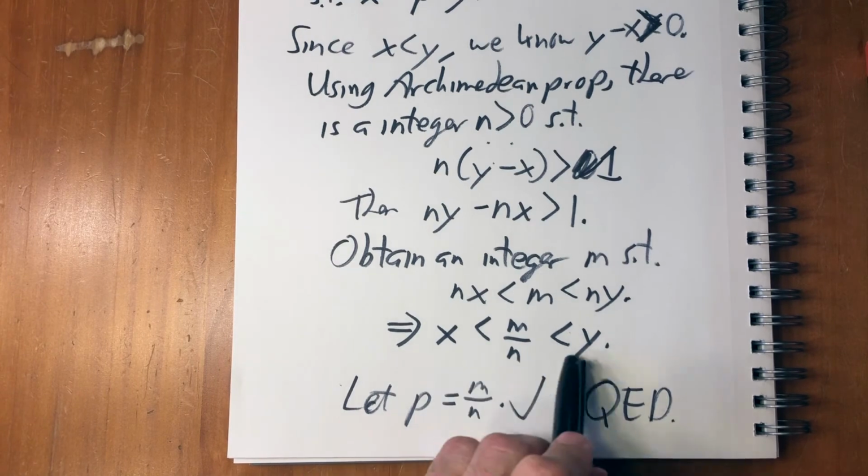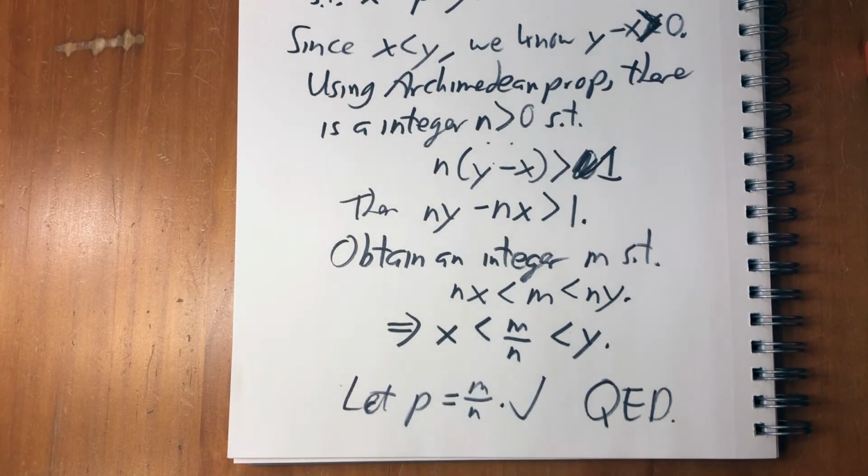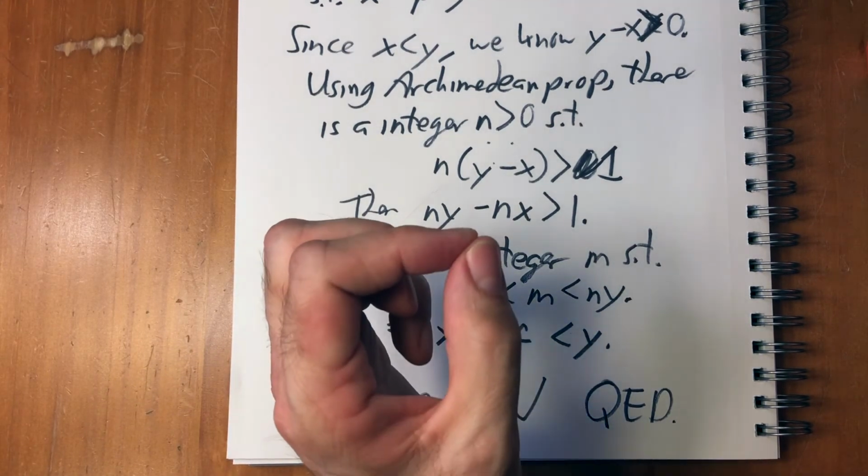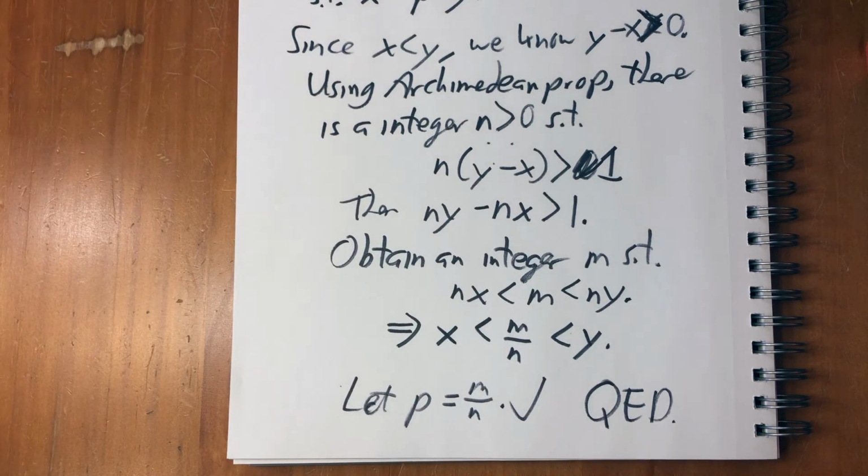That's interesting to think about. Does that mean that if the rational numbers didn't have the Archimedean property, there would be two real numbers that didn't have a rational number in between them? That's an interesting thing to think about.